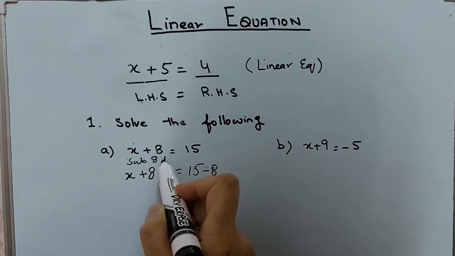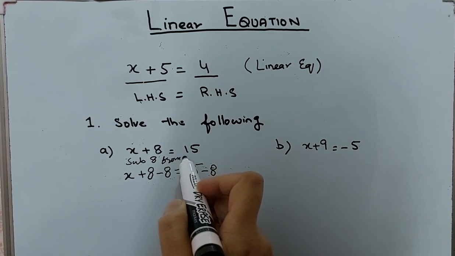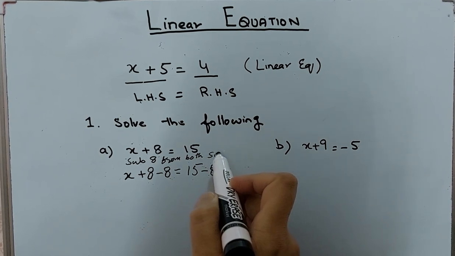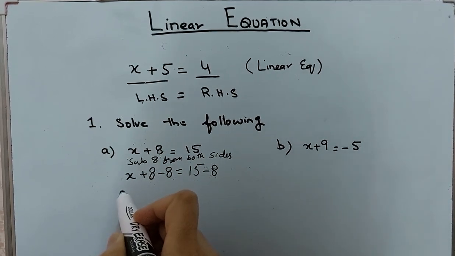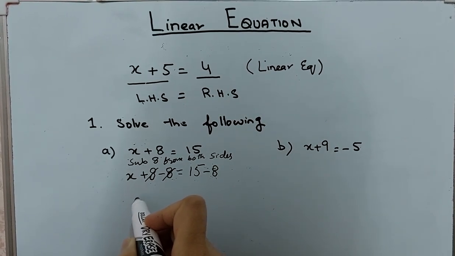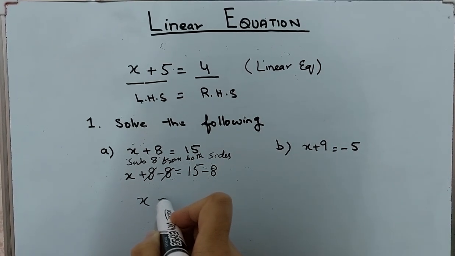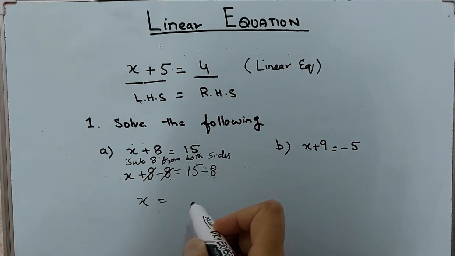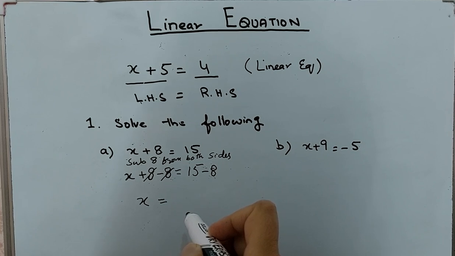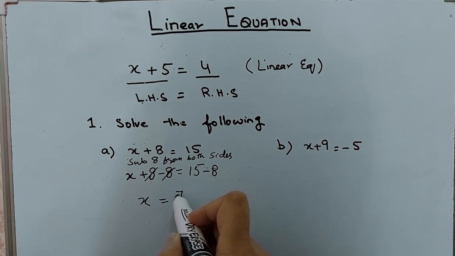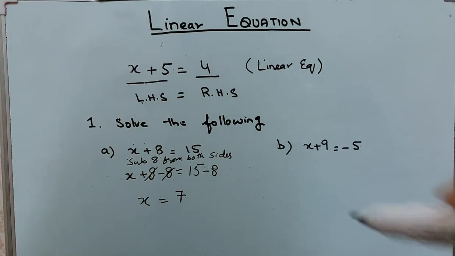When you subtract 8, this 8 and this 8 will cancel each other. Left alone is x. On the right, 15 minus 8. When you subtract 8 from 15, what will you get? You will get 7. So x is equal to 7.